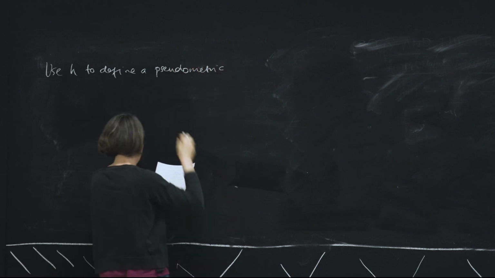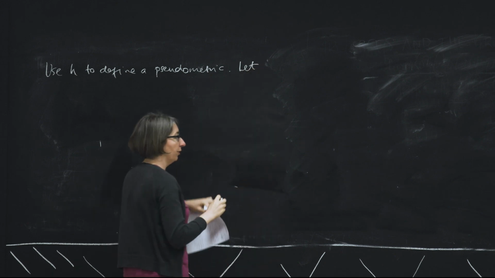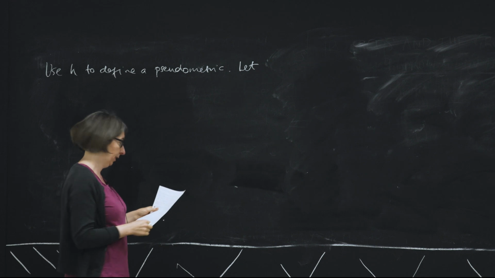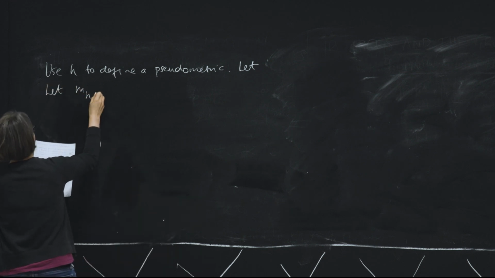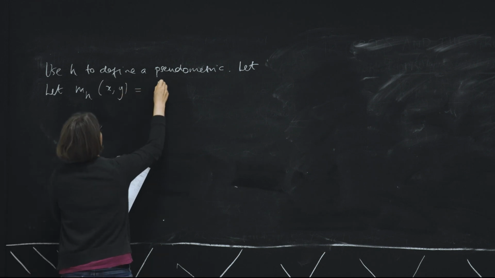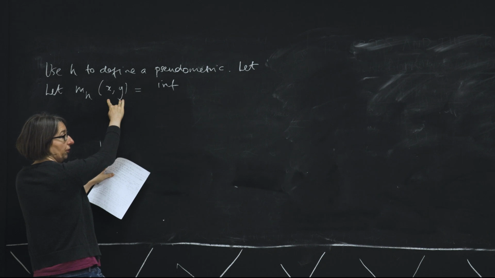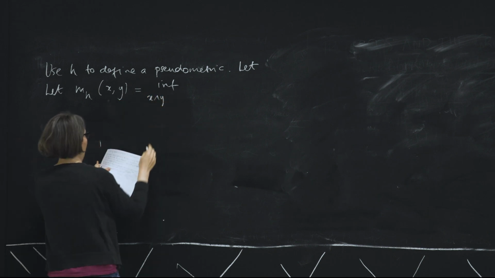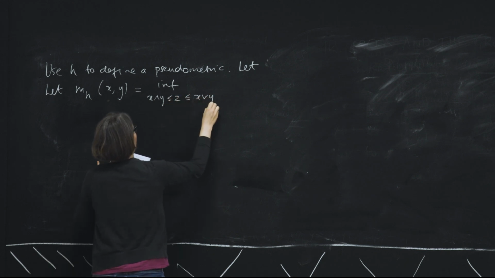Okay, so how am I going to do this? Let's give ourselves a bit of notation for the minimum of the function between two values x and y. So let's let m_h of x and y be, let me not assume that x and y are ordered, the infimum between the minimum of x and y and the maximum of x and y.